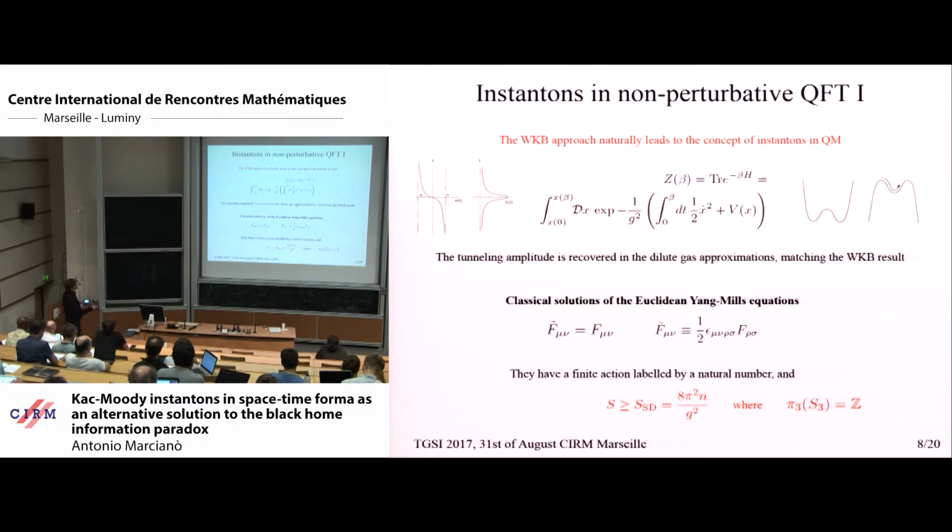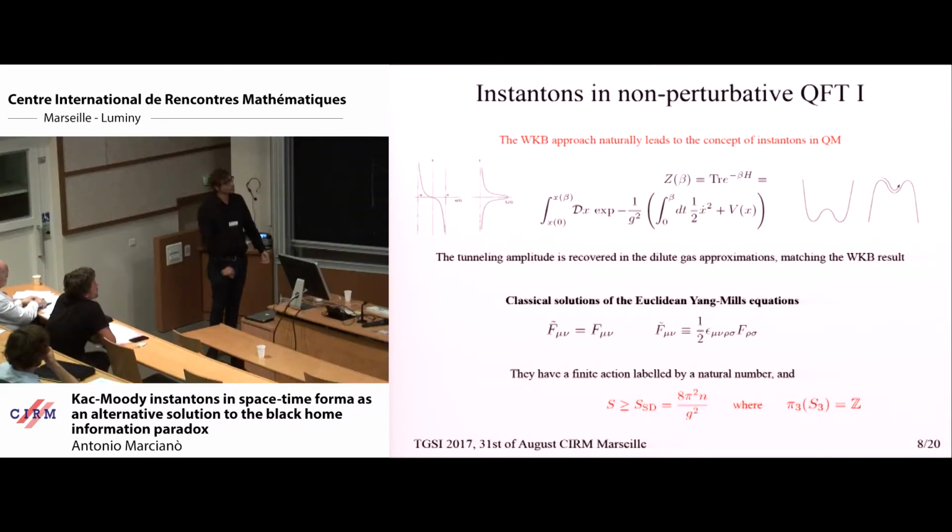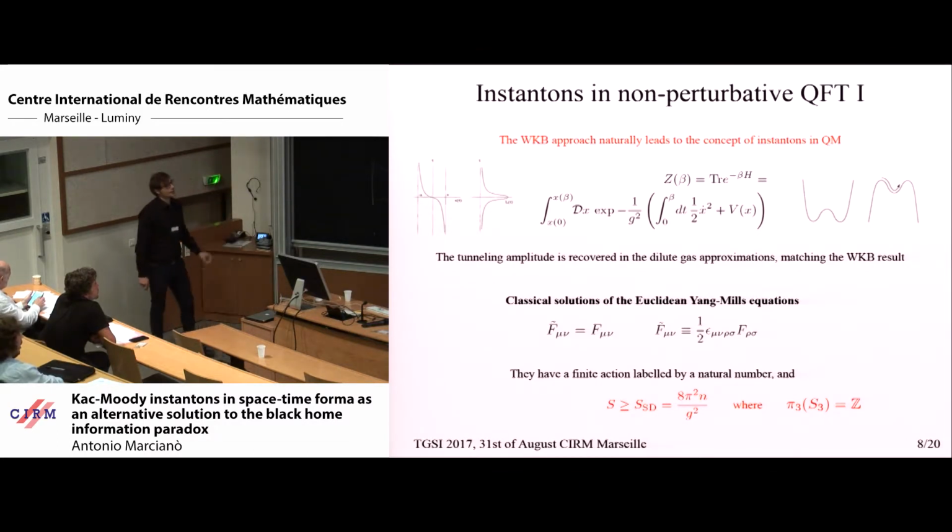And you can compute this, of course, because this is the Euclidean theory, okay? You can compute this, and it's a Gaussian integral at the end of the day, and you will find that you will have a ground level with an imaginary component which is giving you exactly the same amplitude that you would find with the WKB approximation.